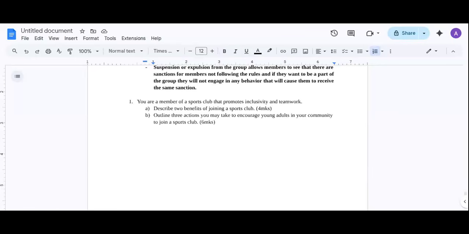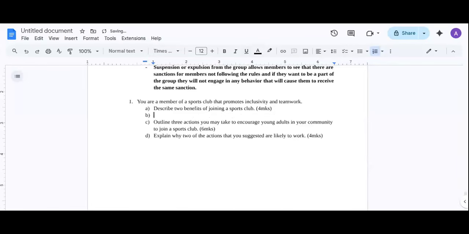Explain why 2 of the actions that you have suggested are likely to work. So, 2 benefits of joining a sports club. So, like these questions are more of the ones that you're accustomed to because, hey, you're probably a part of a sports club, that kind of thing.